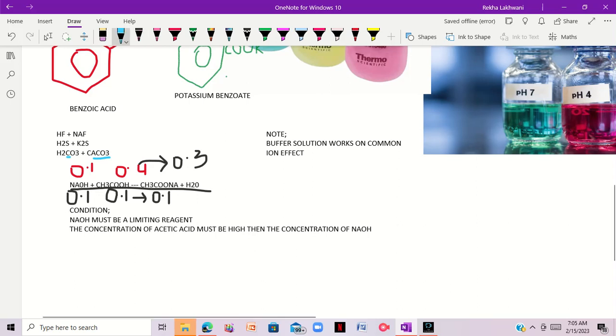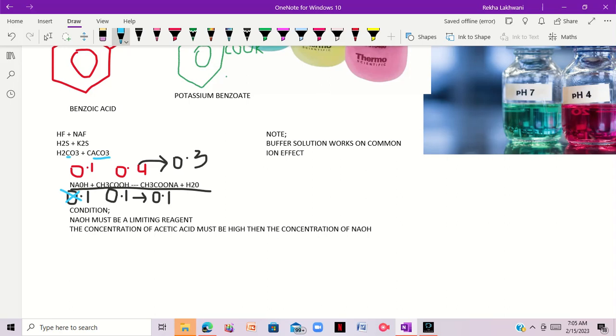We won't be having this amount, right? So in the last, what we got is a weak acid and a salt of a strong base, so it will form a buffer solution.